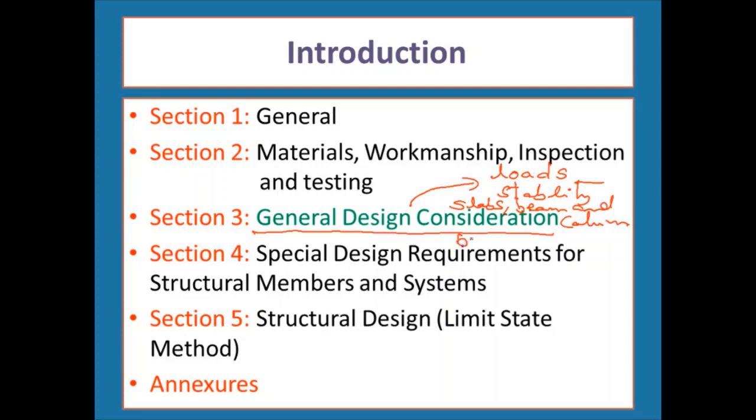It also gives some clauses for bond, torsion, and spacing between the reinforcement. Remember that most of these clauses are applicable to both the working stress method as well as the limit state method.